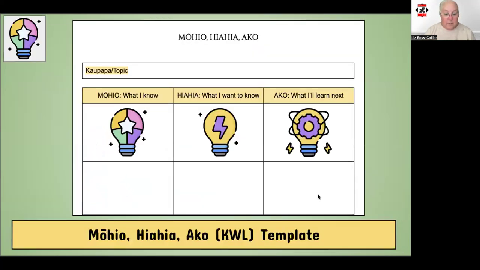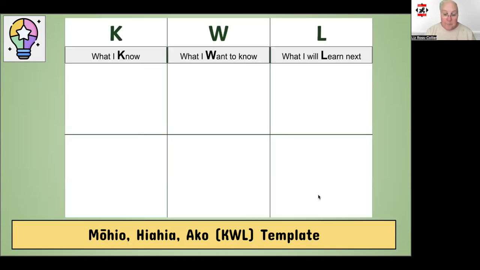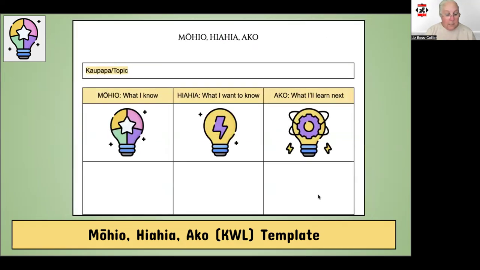The first review activity is a nice simple one, mōhio hia hia ako. You might be familiar with the English version of this, which is the KWL chart, standing for know, want to know, and learn. The kupu Māori are mōhio, to know, where you would probably write down all the things you remember about the topic you're learning.